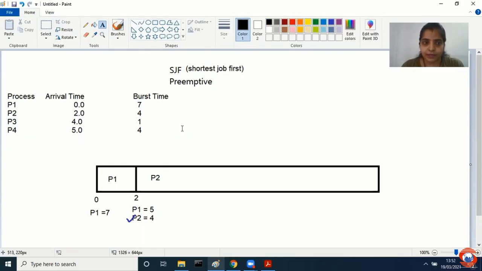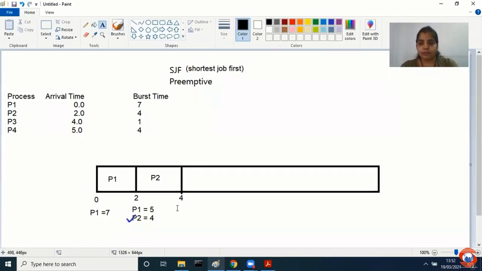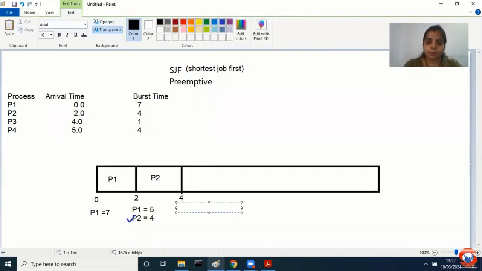Everyone, right. Is there any next arrival given? Yes, next arrival क्या दिया गया है? 4. Okay, so I will write it here, 4. Now can you please tell me everyone, arrival time 4 तक कौन से प्रोसेसेस आ चुके हैं? P1, P2, P3. Do you all agree?